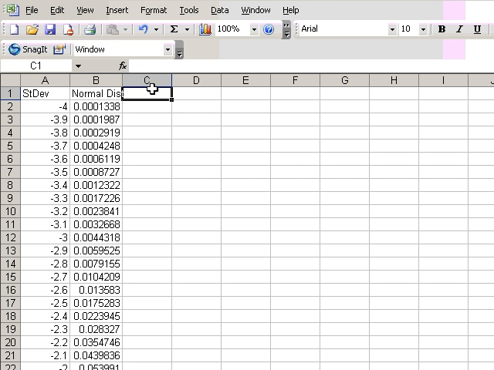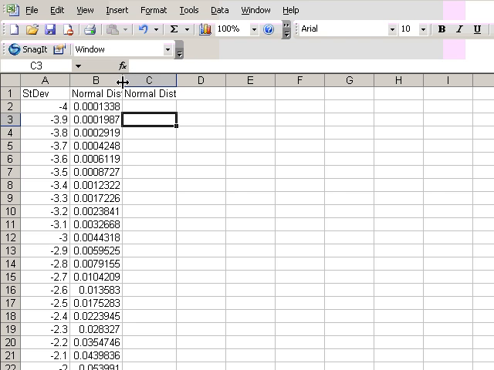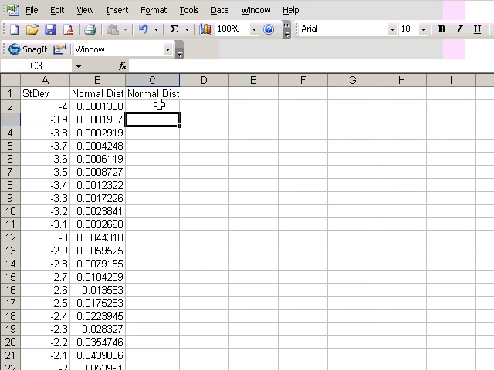These values can also be calculated using the formula on page 190 at the bottom of the page. And to show that, I will put in a second column and we'll calculate those values.